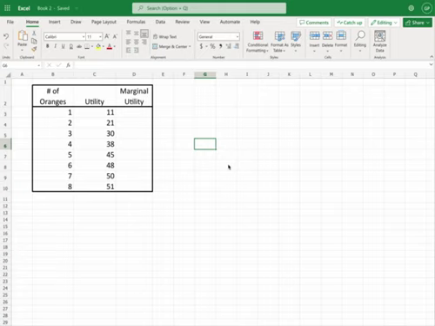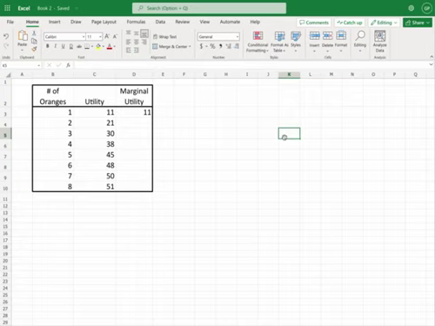Marginal utility is just the incremental increase in utility from the consumption of an additional unit. So if I go from consuming 1 orange to 2 oranges, we're looking at how much our total utility increases because of that. Now, for the first orange, marginal utility is going to be equal to utility.